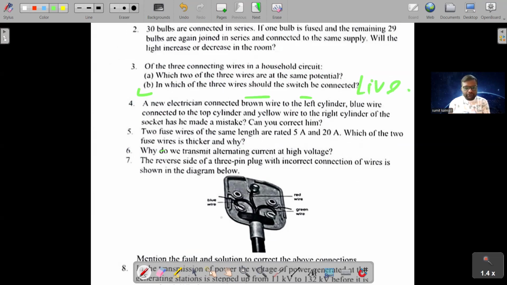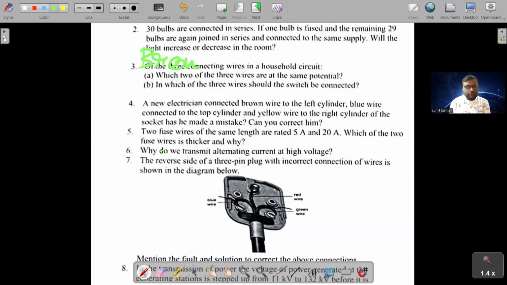Now next. A new electrician connected the brown wire to the left cylinder, the blue wire to the top cylinder, and the yellow wire to the right cylinder of the socket. Has he made a mistake? Can you correct him? So students, what are the color codes for the earth, neutral, and live wires?